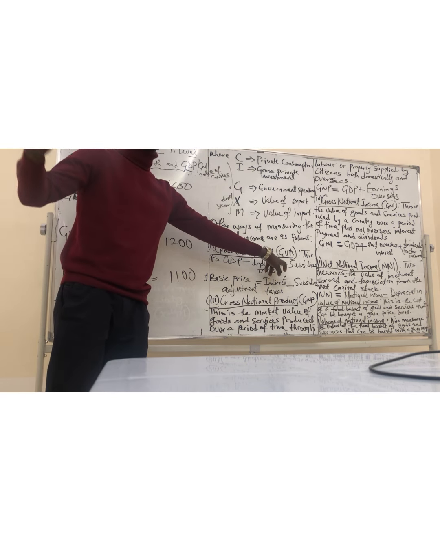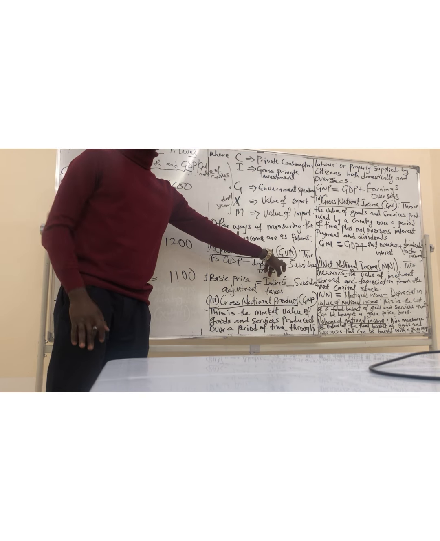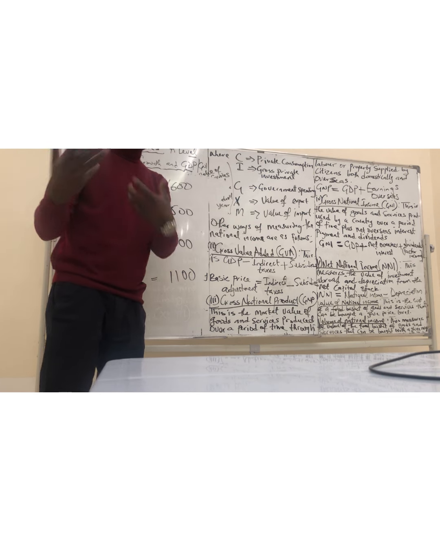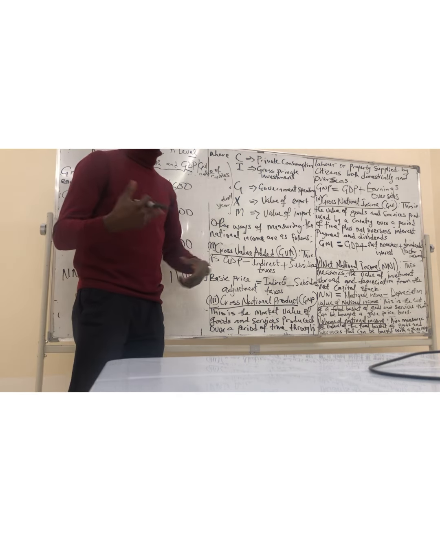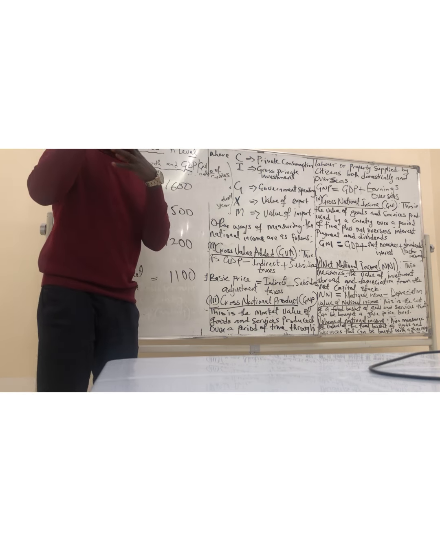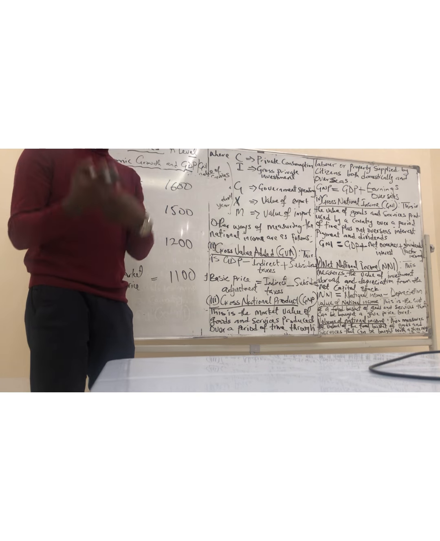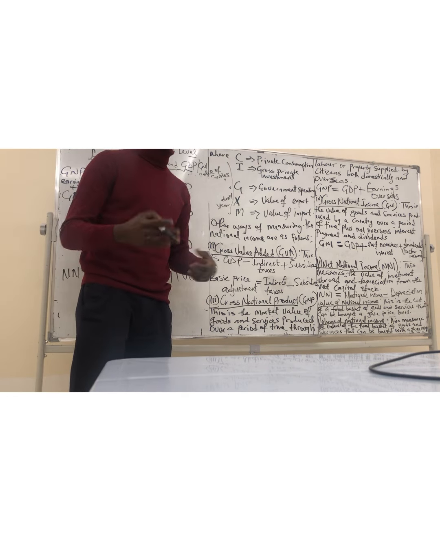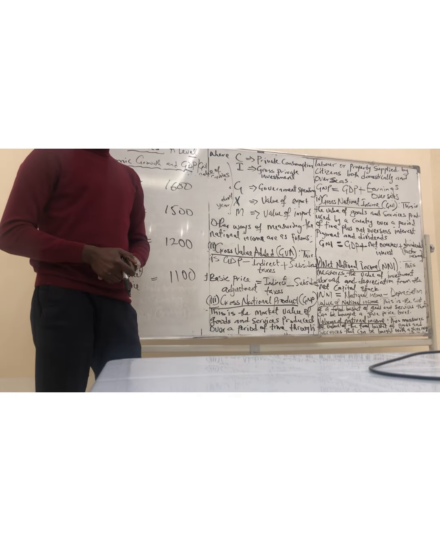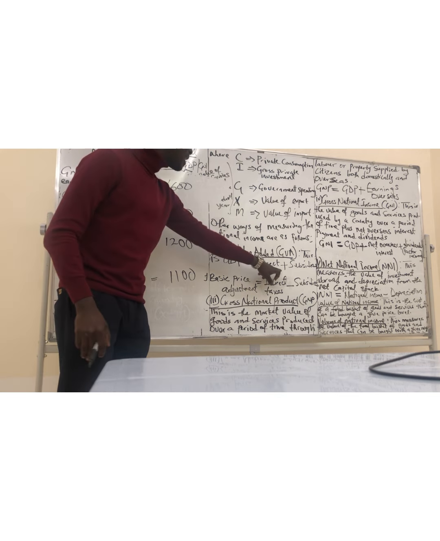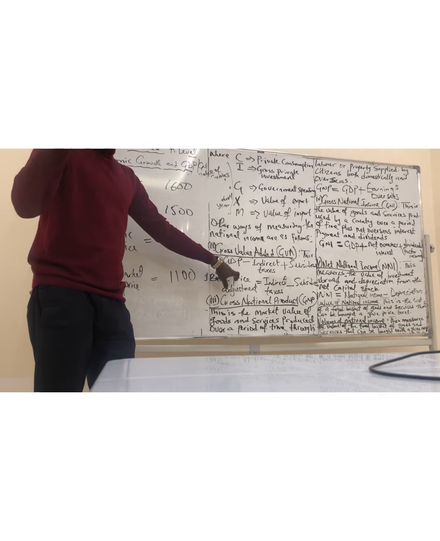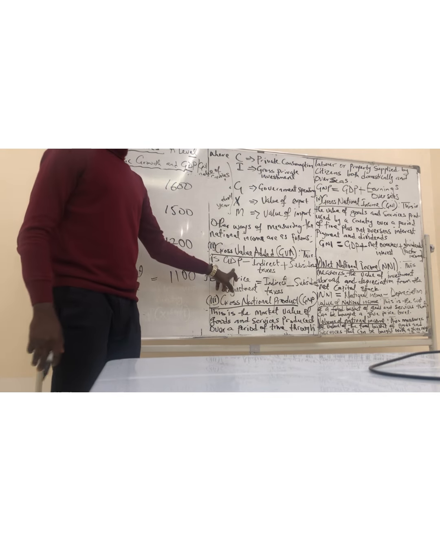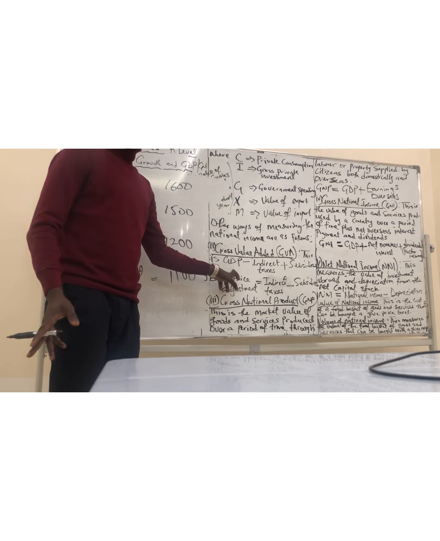Because private consumption will be more than government spending, which means the amount of money we pay on goods and services will be more than what government will spend on goods and services. Do you get it? So this will definitely reduce our GDP. So that's why your GVA will always be less than your GDP. I think that's clear to you.